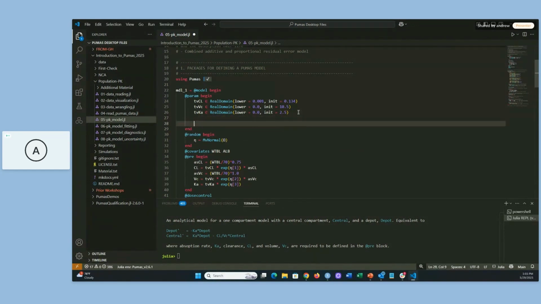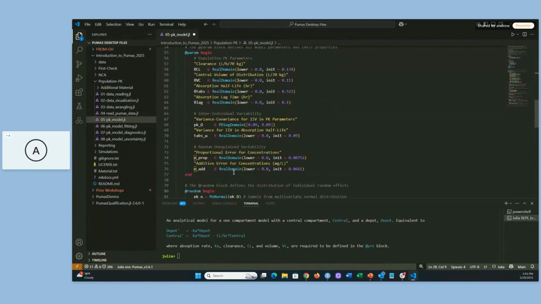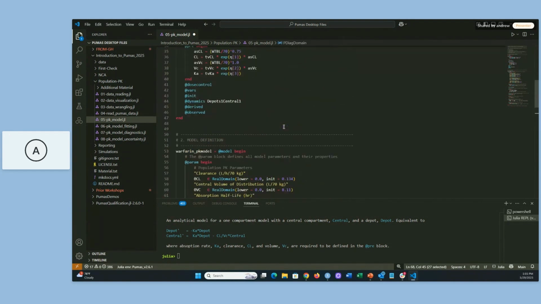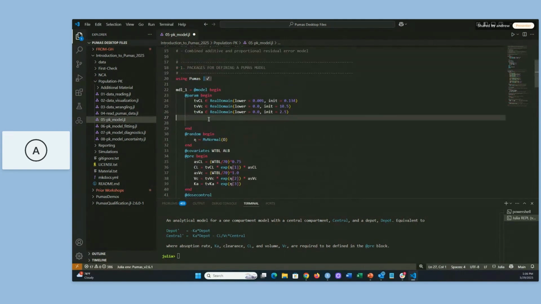Instead of real domain, we use, I believe, the p-diag domain in this sort of case. Sorry, let me type this out, so slash, our omega. Either it's p-diag domain or PSD domain.